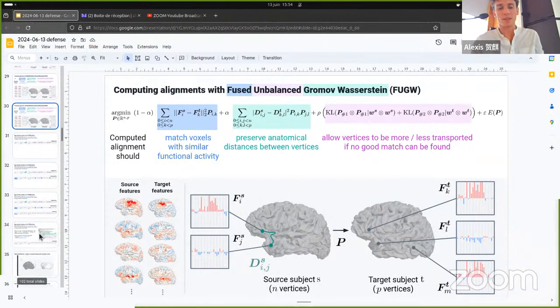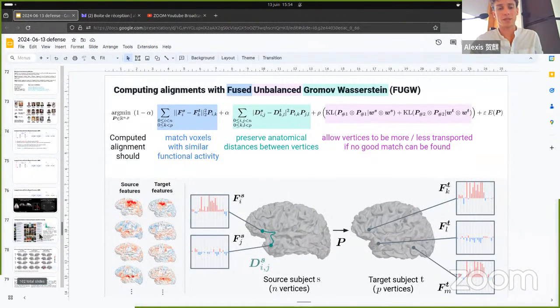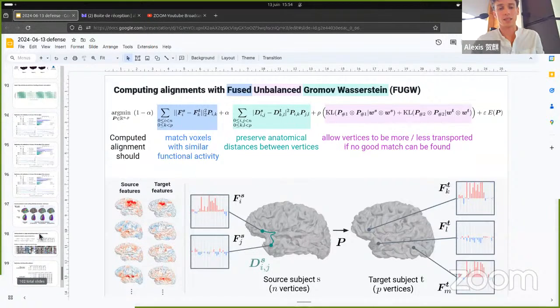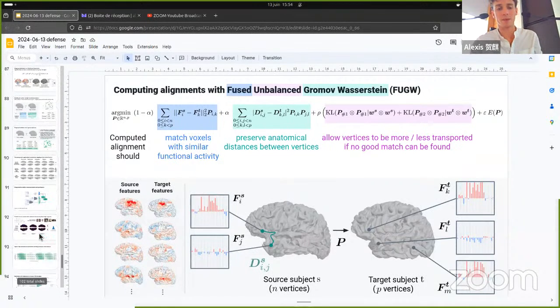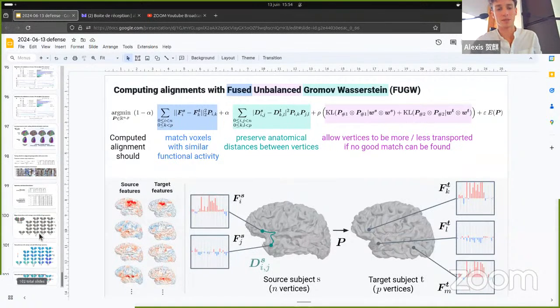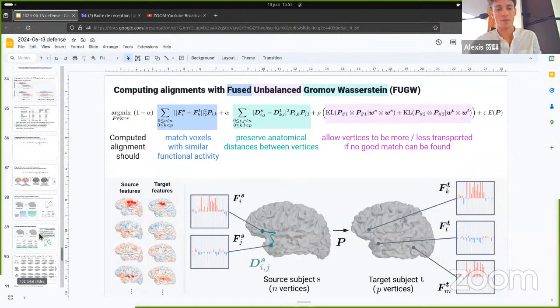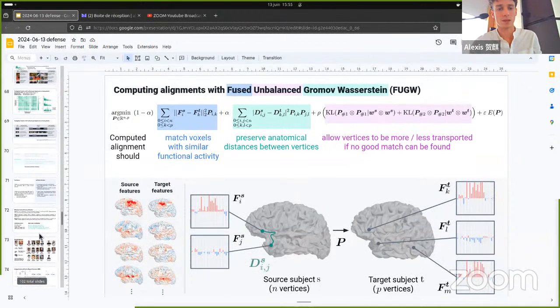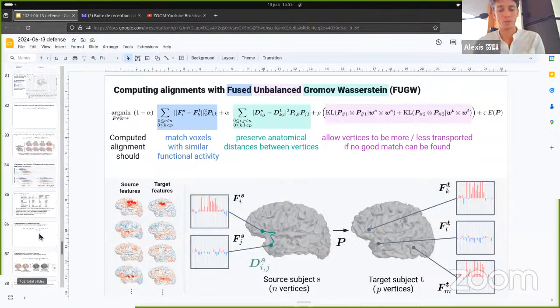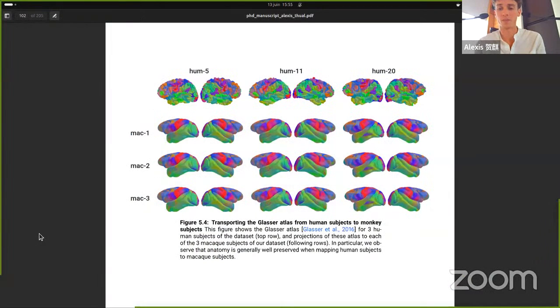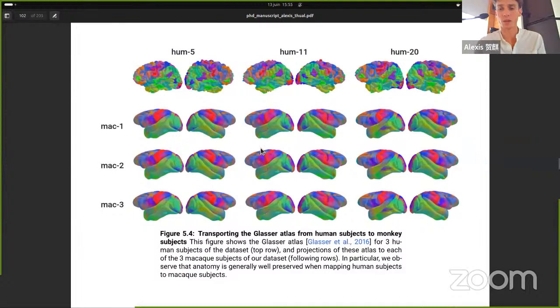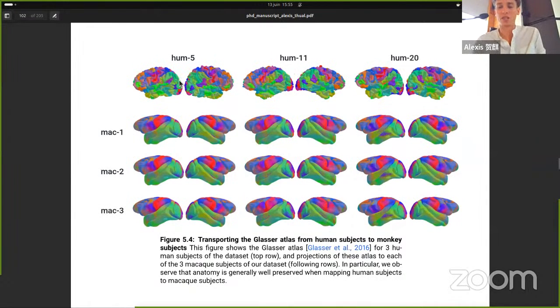So I'll start with pictures of brains at the end of the presentation. Maybe I want to show you the ones Rufin van Roelen was talking about. What you see here are colorizations that are transported from a human subject to a monkey subject.